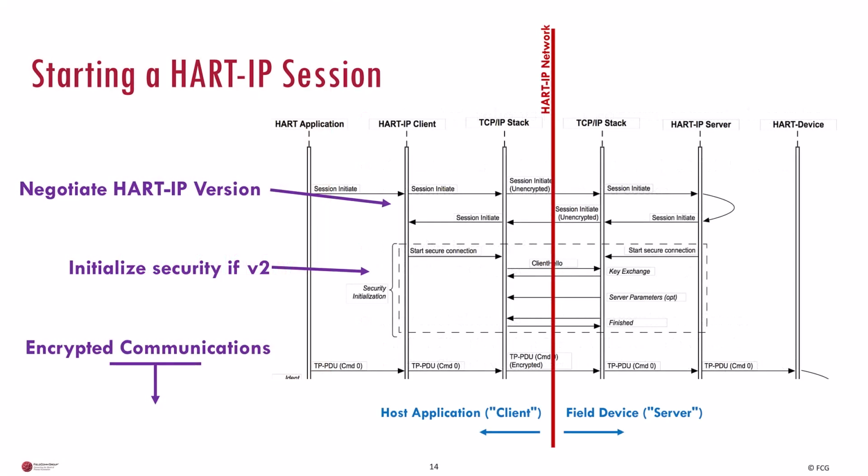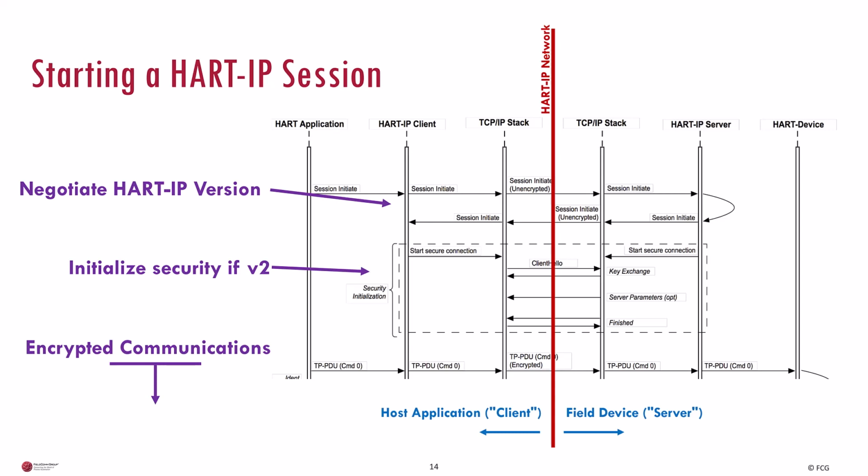This slide shows the startup sequence for beginning a HART-IP session. If you notice, the first exchange is called session initiate, and it's done the same whether it's a version 1 or a version 2 client and server. During this, we negotiate which version of the HART-IP protocol both sides are going to support.